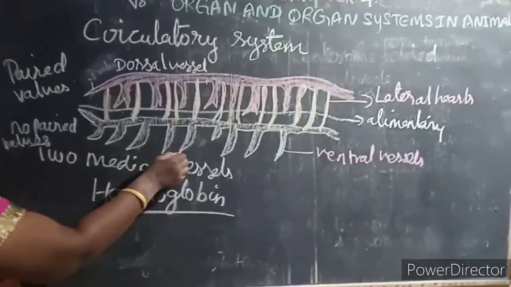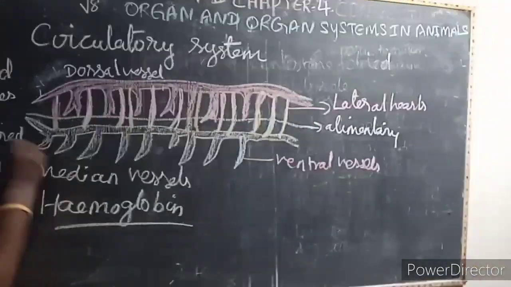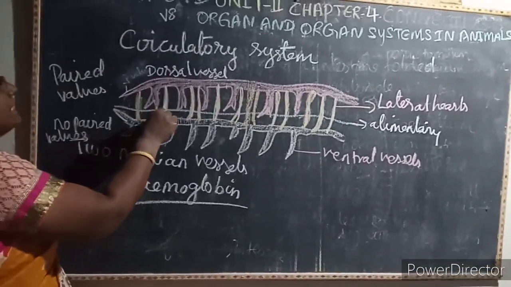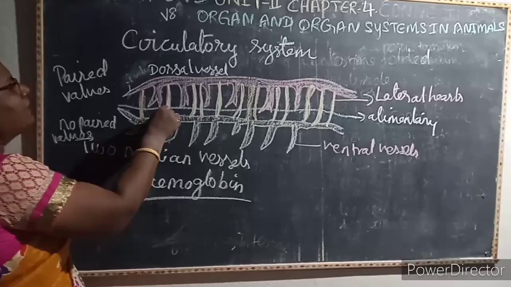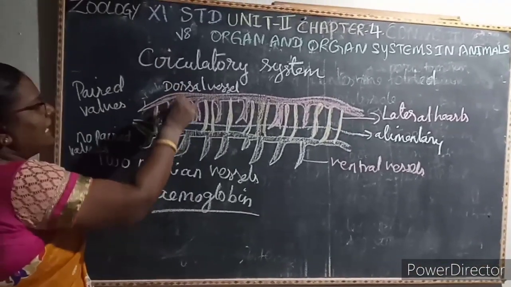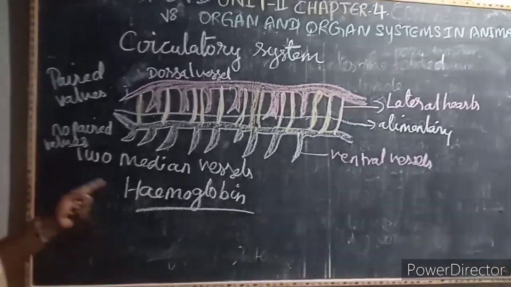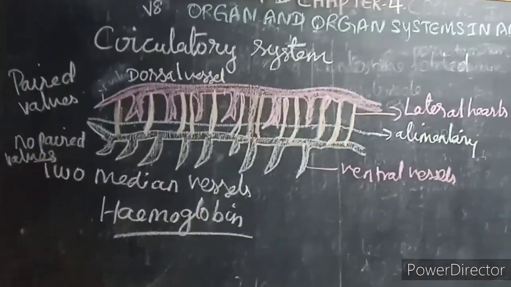In the ventral vessel, there are no valves, so it allows the backward flow of the blood. The commissural vessels pump the blood into the dorsal vessel as well as into the ventral vessel. Hemoglobin is present, which gives the red color to the blood.